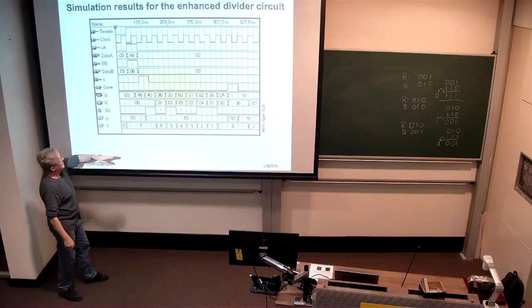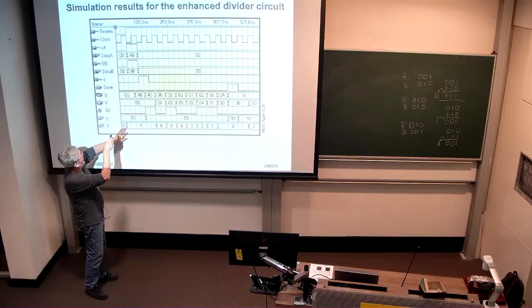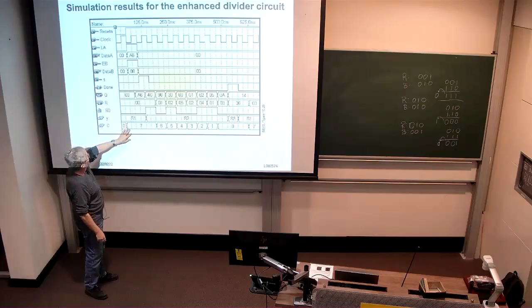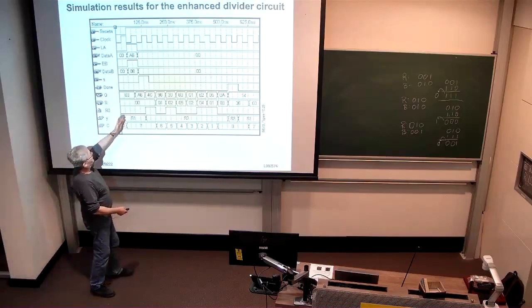The other thing that's worth noting here is that the count value gets set to 7 on an active clock edge while we're in the reset state. Remember the LC value.